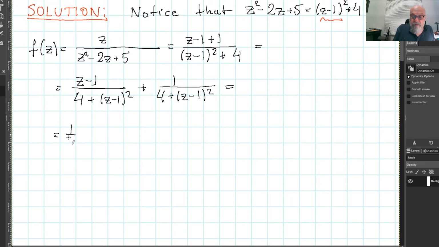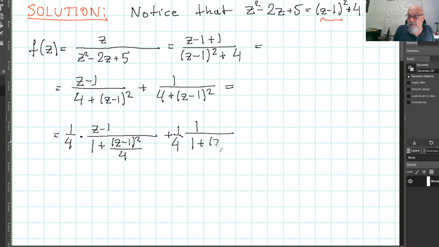So I put here 1/4, and this will be (z minus 1) times 1 plus (z minus 1) squared divided by 4, plus the second one with the same denominator, 1/4 times 1 over 1 plus (z minus 1) squared divided by 4.